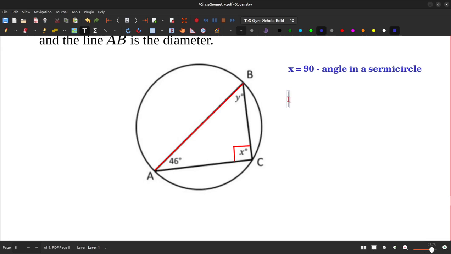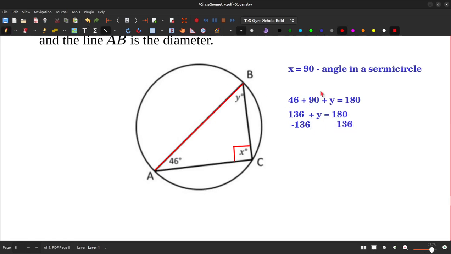Then from there, to find the value of y, we are going to use sum of angles in a triangle. So 46 plus x, which is 90, plus y should give us 180. And then 46 plus 90, that is giving me 136 plus y. This is equals to 180 degrees. Then let's subtract 136 from both sides of the equation. Minus 136, minus 136.